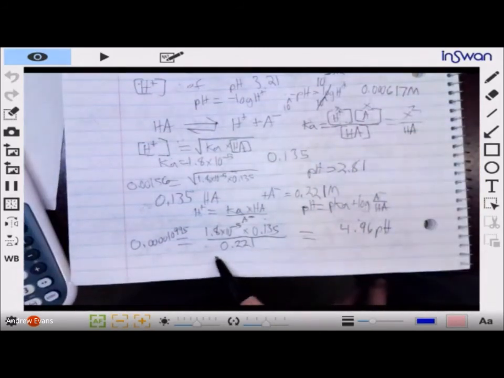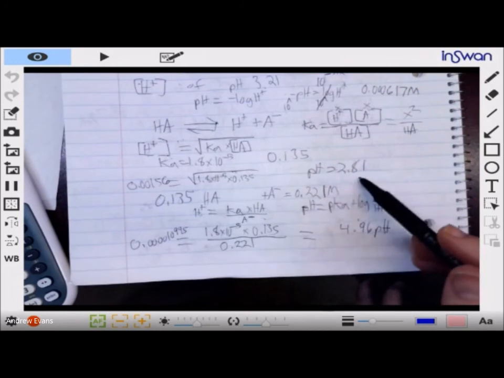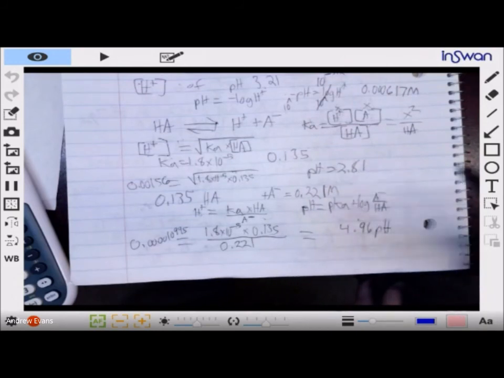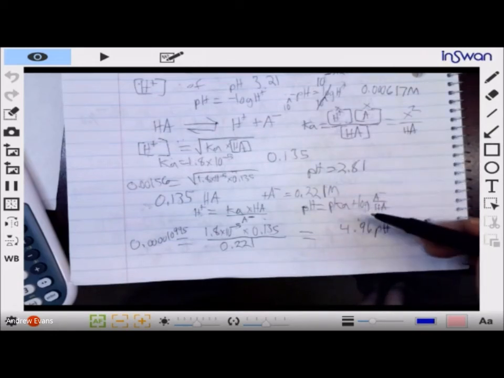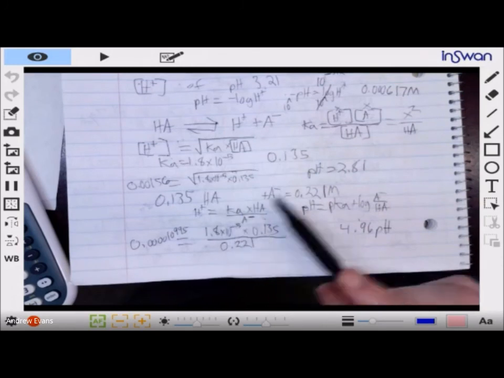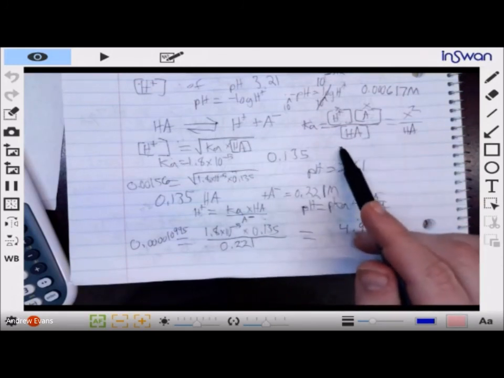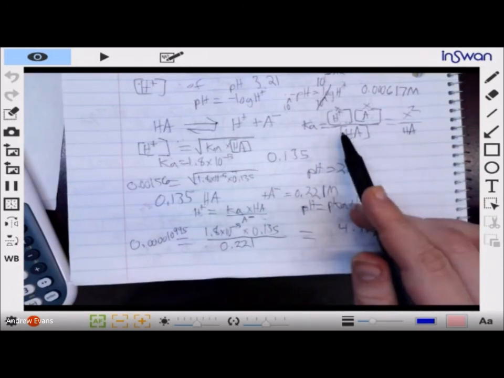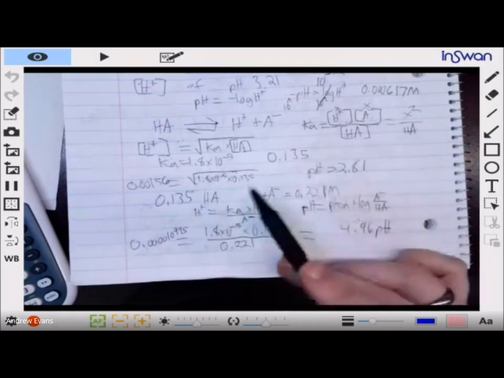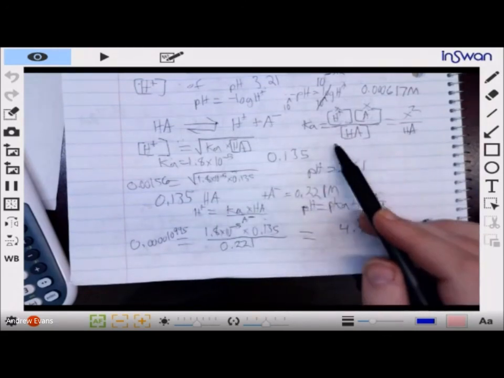So just by adding that conjugate base, we jump from 2.81 to 4.96. And that's how you treat buffers. All this comes down to setting up your Ka expression. If you understand what you're doing with the Ka, there's not really an equation you learn.